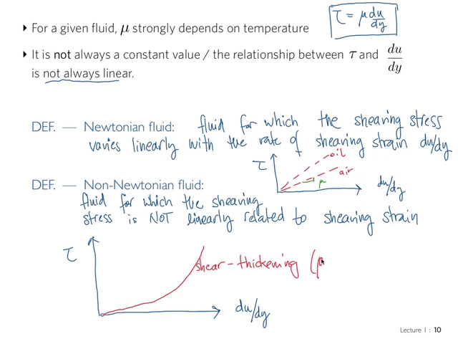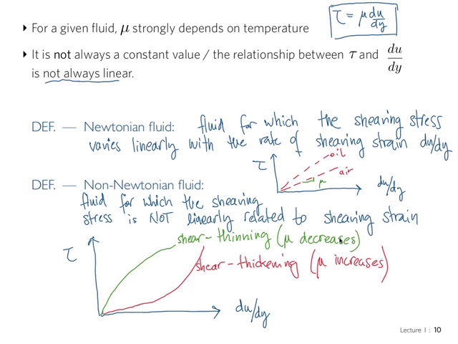So that means that mu increases. Now we could also have a behavior where the slope on this plot decreases like that, and we call that a shear thinning fluid, where mu decreases.